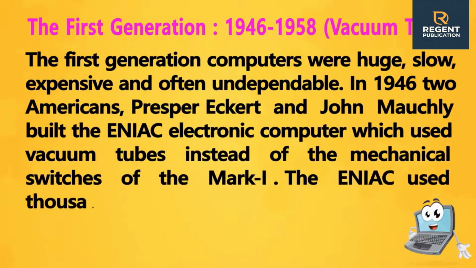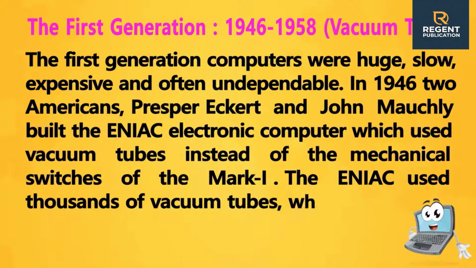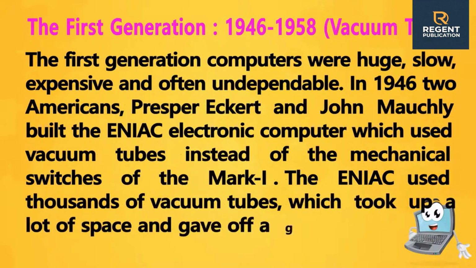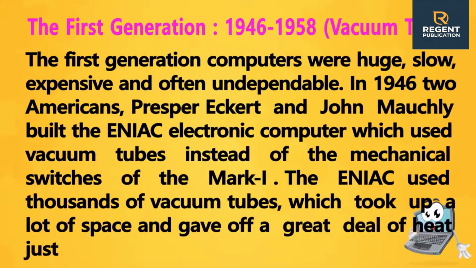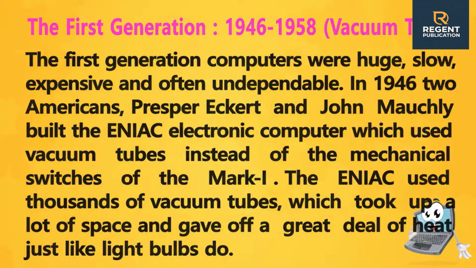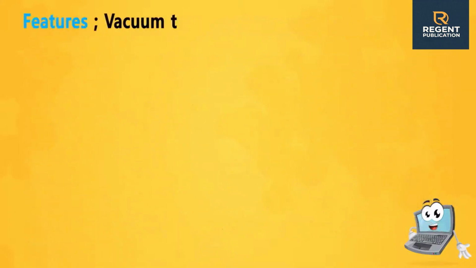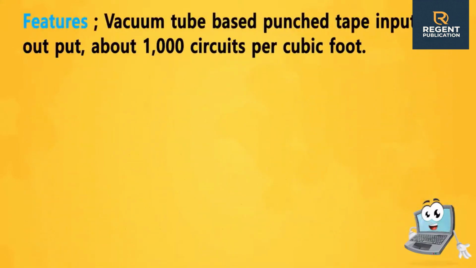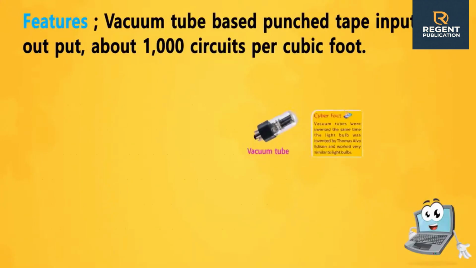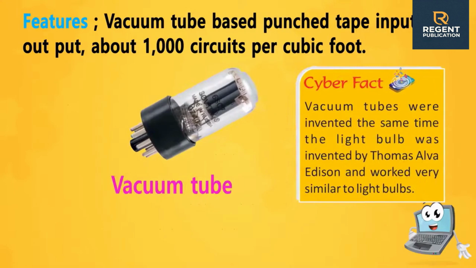The ENIAC used thousands of vacuum tubes, which took up a lot of space and gave off a great deal of heat, just like light bulbs do. Features: vacuum tube based, punched tape input or output, about 1000 circuits per cubic foot.